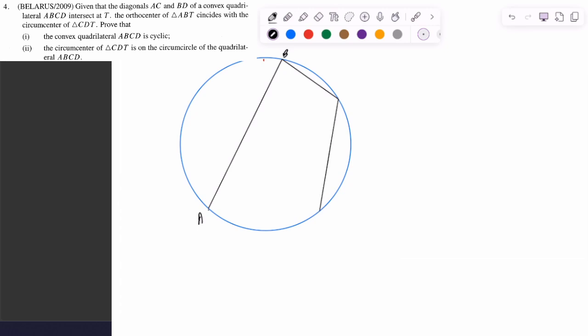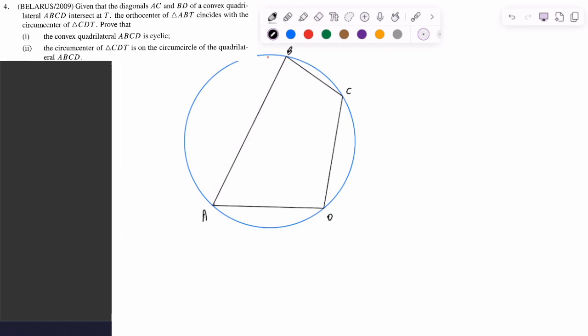D like this, so CD, and AC intersects BD at T. So ABT goes like this.